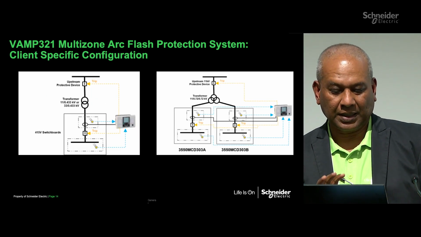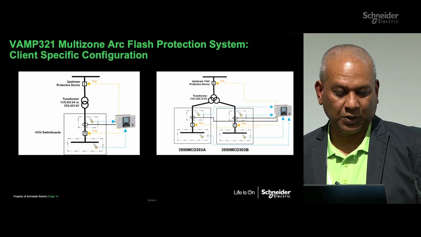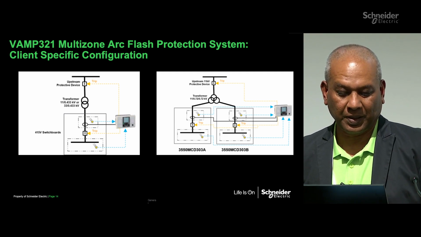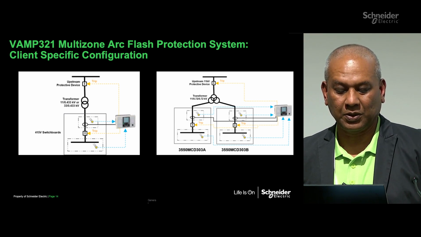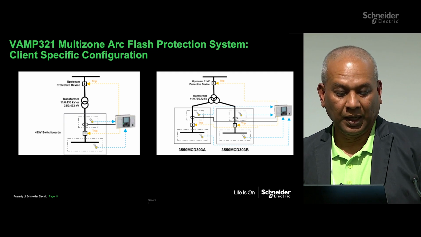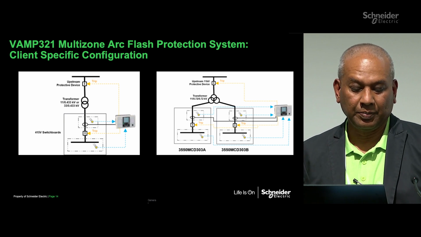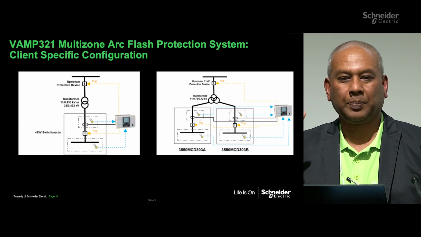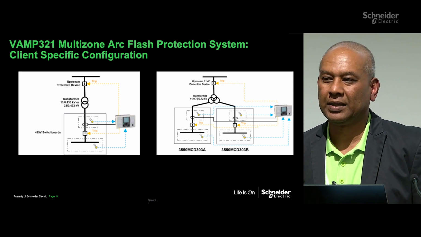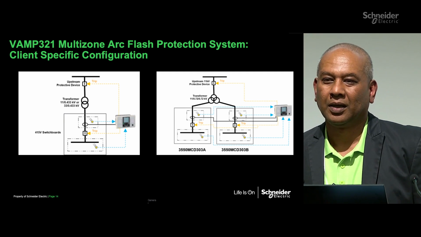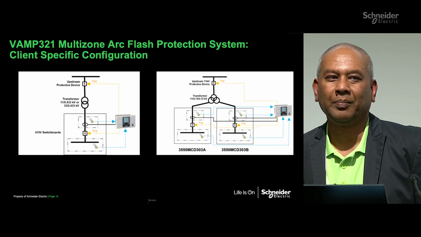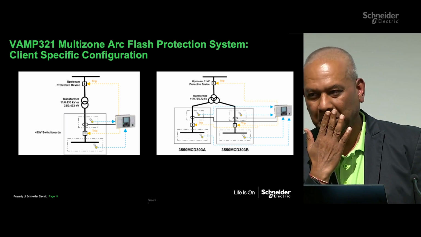And this is a client's drawing. This is an actual one transformer, two transformer, and two board scenario, still using one relay with different zoning. And this is how it was implemented. Like I say, for the incoming side of the breaker, before the breaker, trip upstream to mitigate the risk in that part. In a number of instances, we have done boards where the client has lived with this risk because it's low risk.